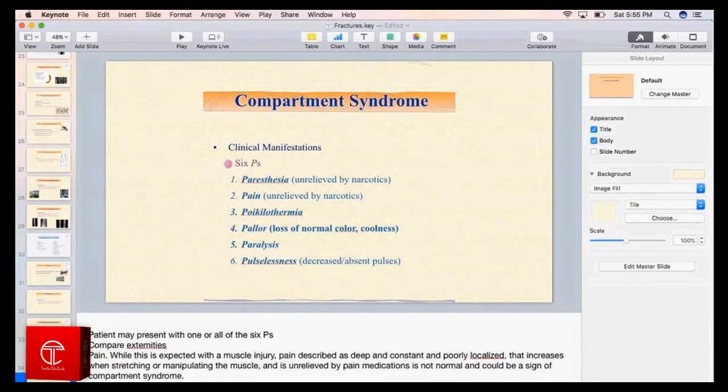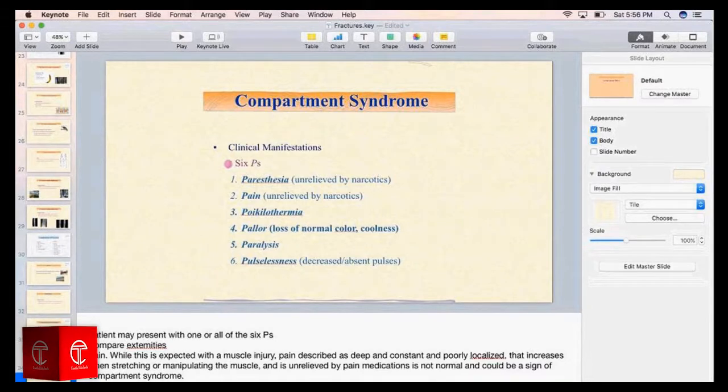Paresthesia is a feeling of pins and needles, tingling, pricking, all this burning sensation. It is because of a problem with your sensory nerves; if there is reduced vascularity or compression over the nerve, it can produce paresthesia. Poikilothermia is reduced temperature; because of the reduced vascularity, there will be reduced temperature.